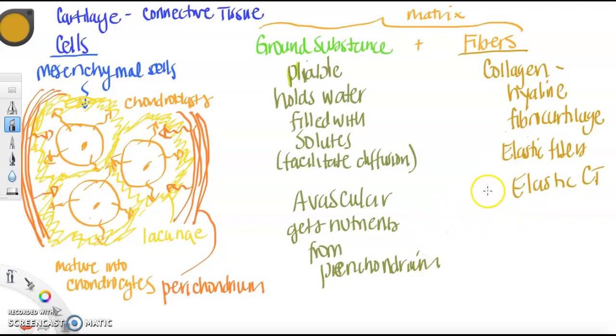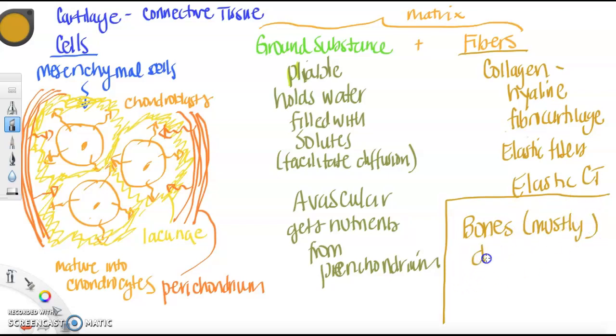The reason why cartilage is important in the bone chapter is that most bones derive from hyaline cartilage models.